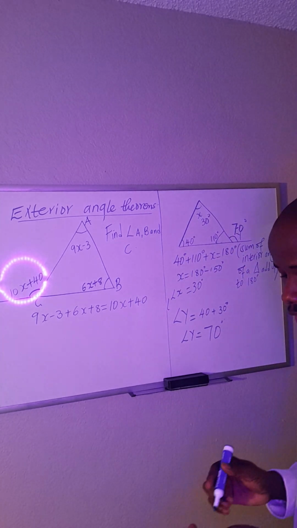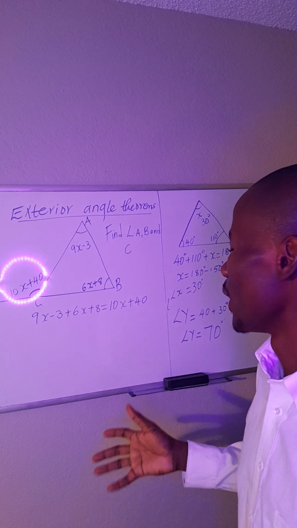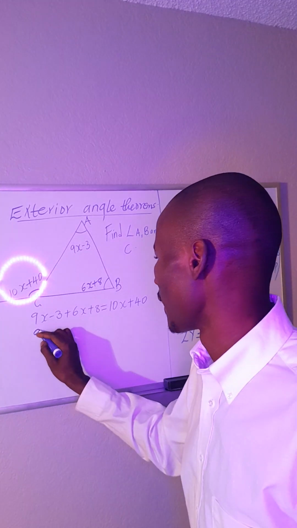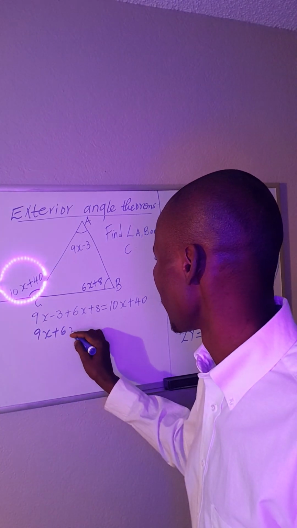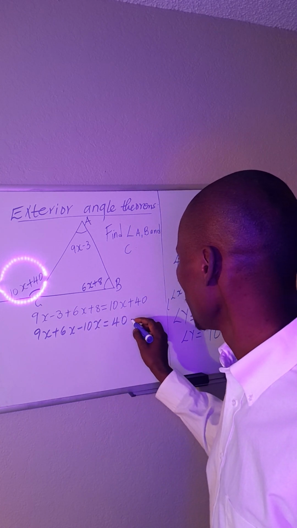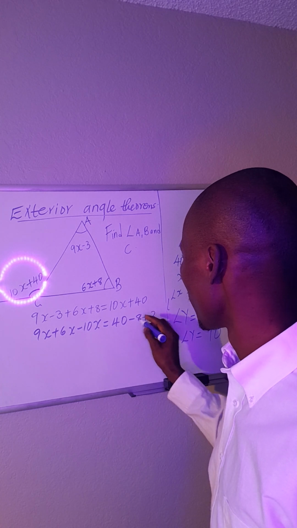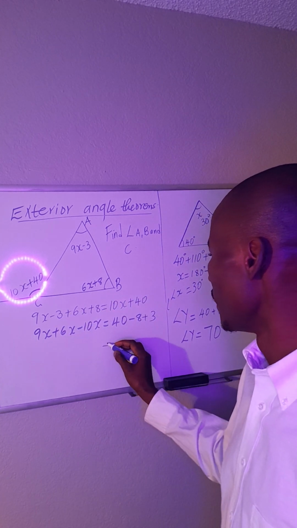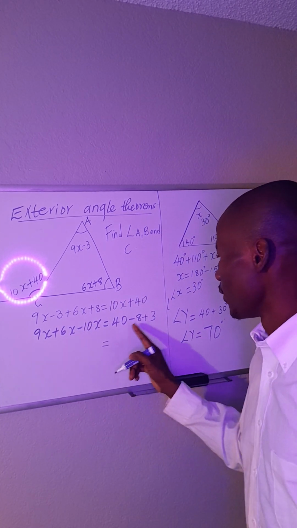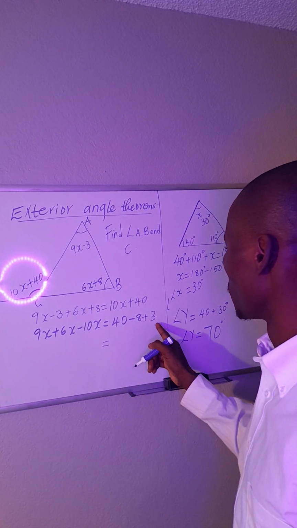It now forms an equation. We collect like terms together. I'll have 9x plus 6x minus 10x is equal to 40. Then 8 and 3 go to the other side. On the right hand side, what do I have? That will become 32. 32 take away 3 is what?